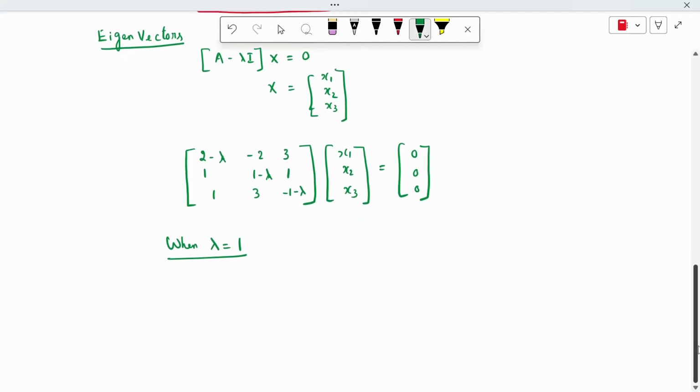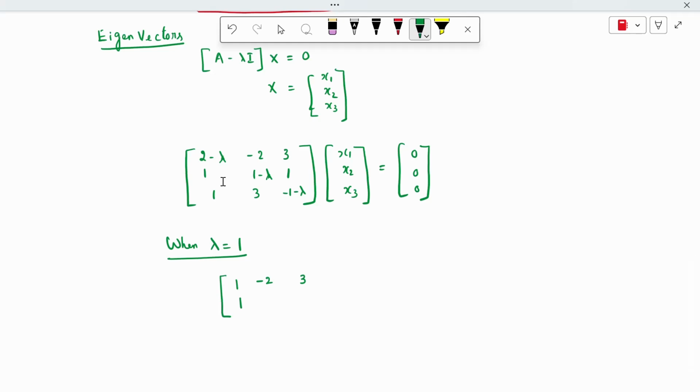So when I substitute lambda equal to 1, in this I have to put 1. So 2 minus 1, 1. Here minus 2. Here 3. Here in this, 1 minus 1, so it is 0.